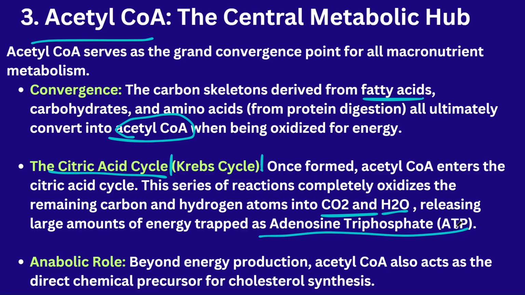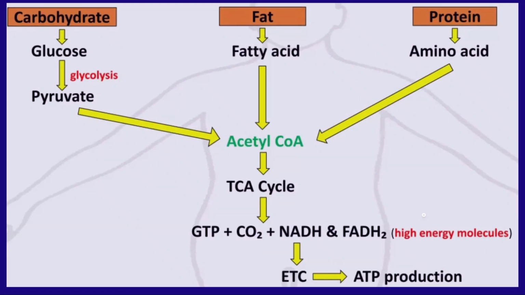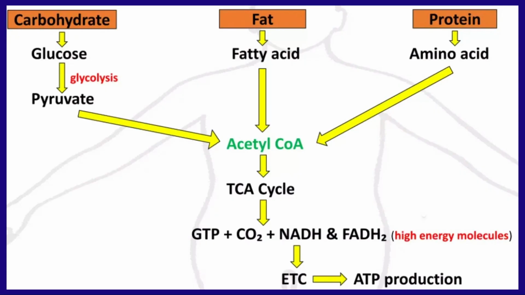After the TCA cycle, this ATP is generated. So this is the fate of the acetyl-CoA after the breakdown of the fats. This acetyl-CoA can also help in the synthesis of cholesterol. You have to remember the point. So this is the general overview. This is the basic knowledge you have to understand.